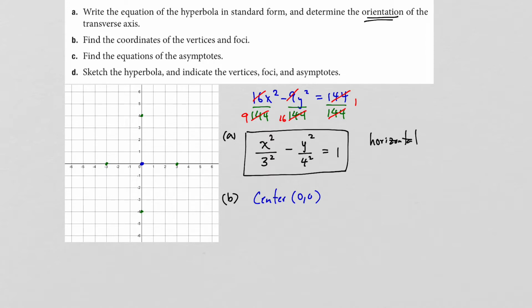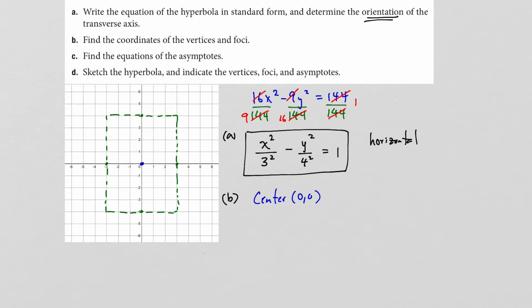And of course, if you were doing an ellipse, you would just draw your oval and you would pretty much be done. But with a hyperbola, what we're going to do with these 4 points is draw a rectangular box. So it looks like this when we draw this box. And the really nice thing about drawing this box is once you have that box, you can easily draw the asymptotes. The asymptotes are the diagonal lines that go through the corners of the box.